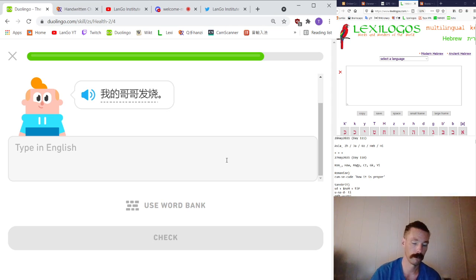What's the tone on the very first word? 我 Good. So with that in mind, 我的. 我的哥哥发烧. That's not quite it. 我的. 我的 There we go. 我的哥哥. Better.